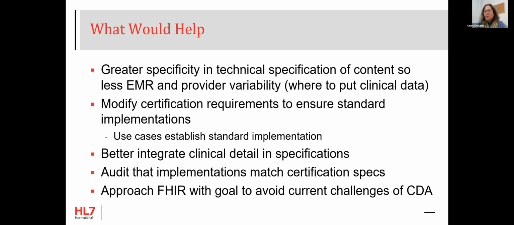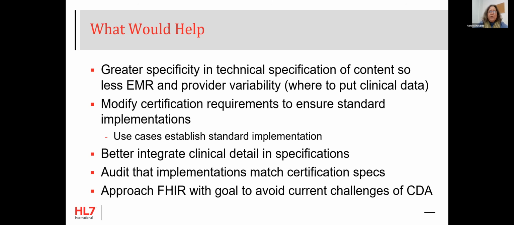I wanted to close on what I think would help. And that speaks to the whole world of technical specifications and standards that I am the user of, but have never been the promulgator of. And as a user, I would argue for much greater specificity and leaving less options of variability when the product is implemented and modified for the workflow of a local place.